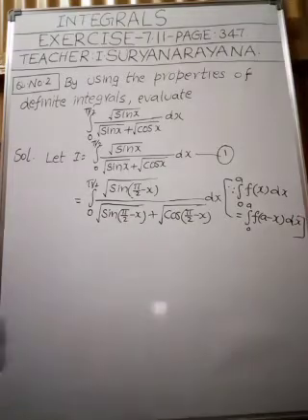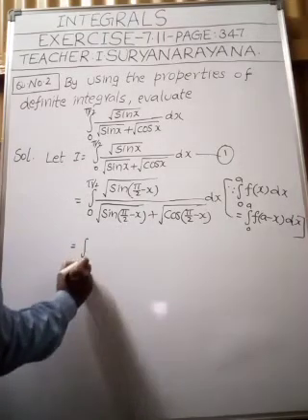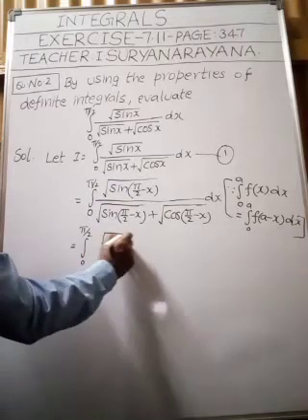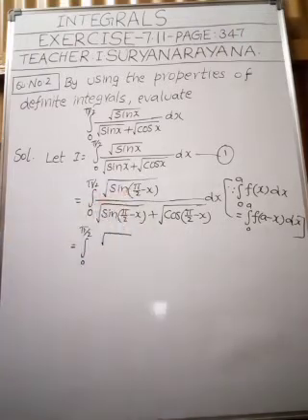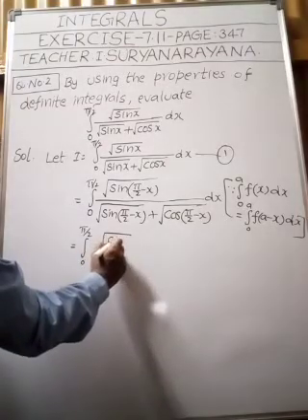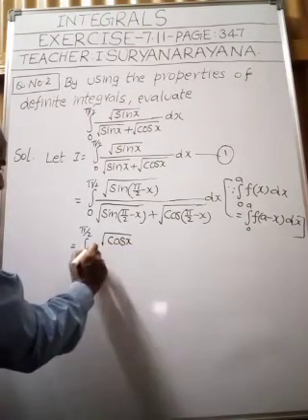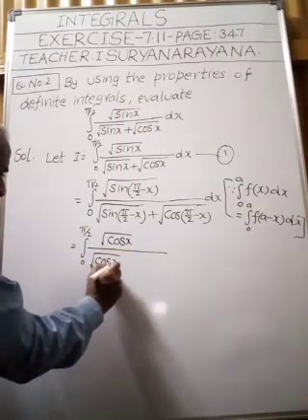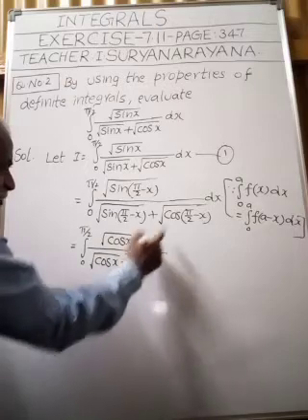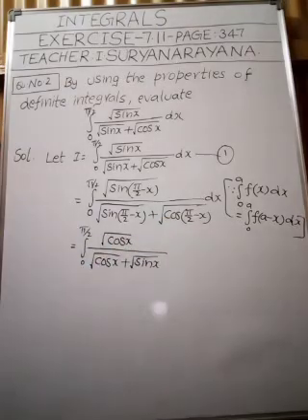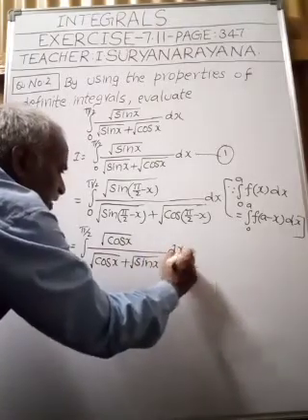This is equal to the integral from 0 to pi by 2 of square root of sin pi by 2 minus x, which is sin 90 minus x, cos x. Yes or no, my children? Divided by square root of cos x plus square root of cos pi by 2 minus x, which is sin x. Understood, my children?